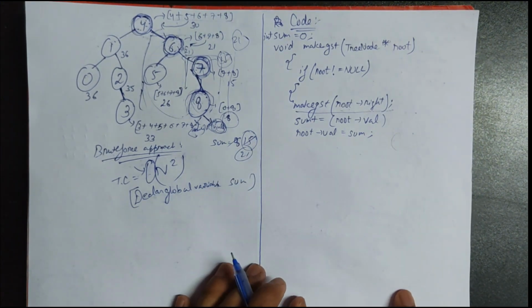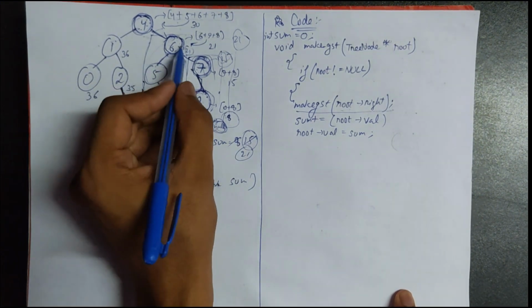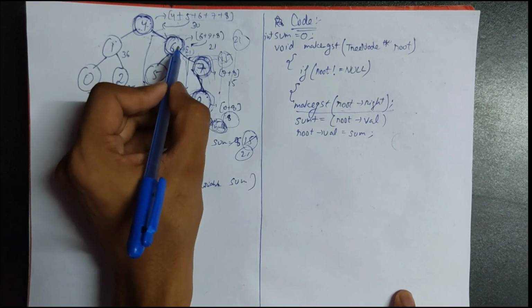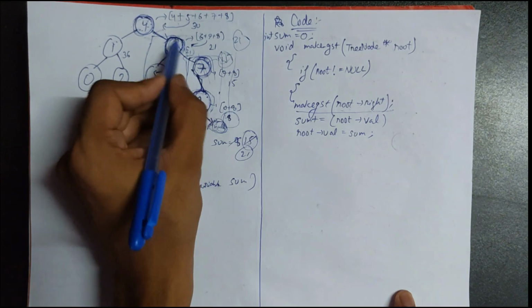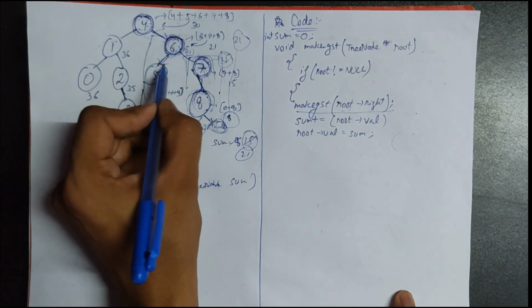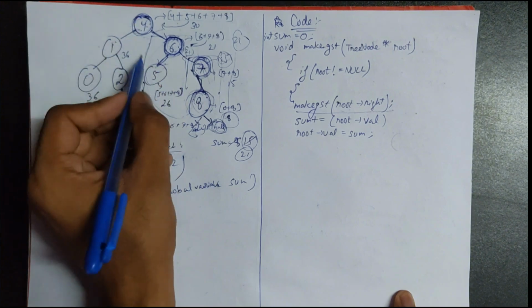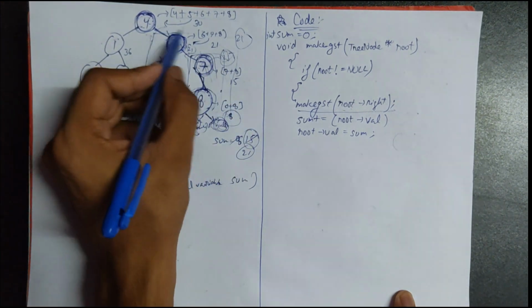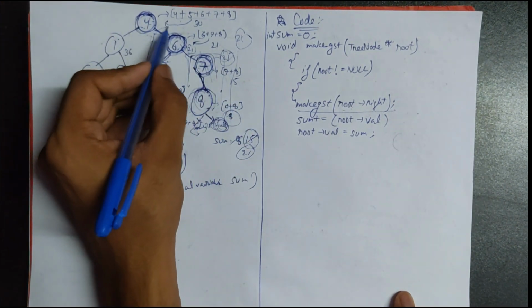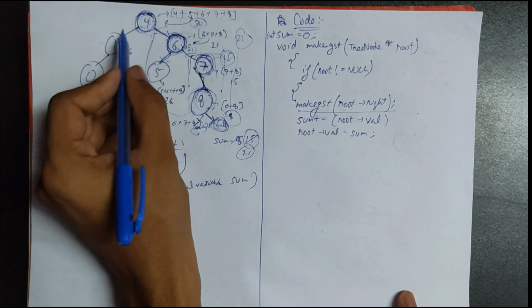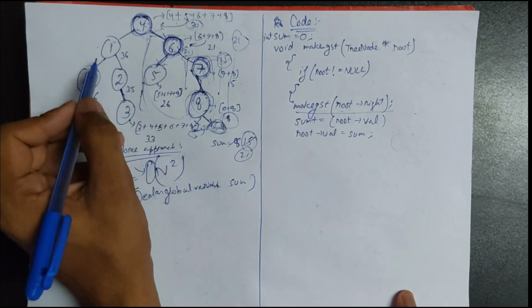After this, as we traverse the right part and update the value of the node, we have to also traverse the left part, like this. For this 4, we have to traverse all this array, and after updating the value of 4 as 30, we will traverse this part and update the values of these nodes.